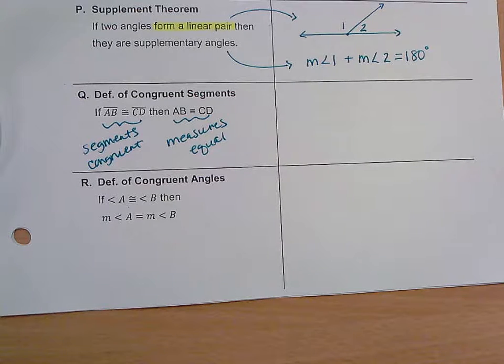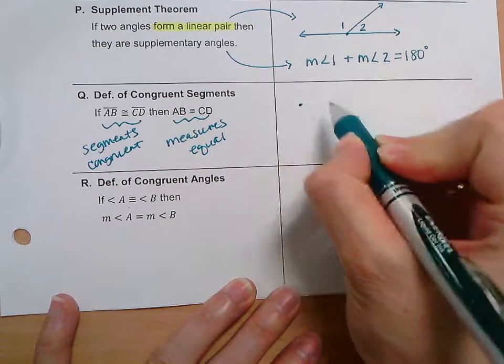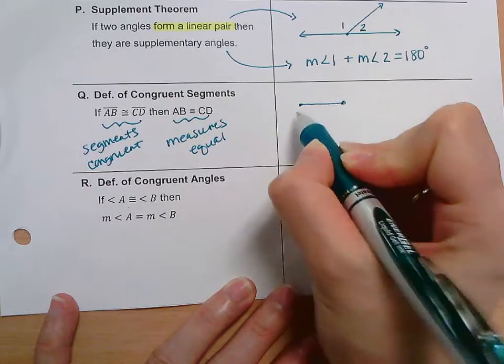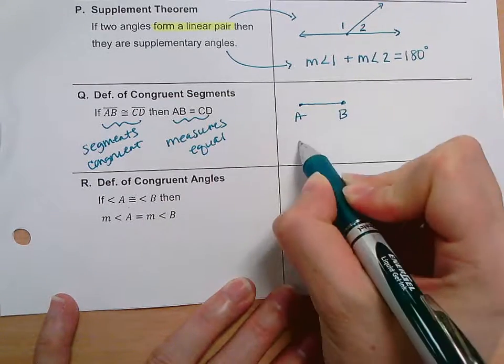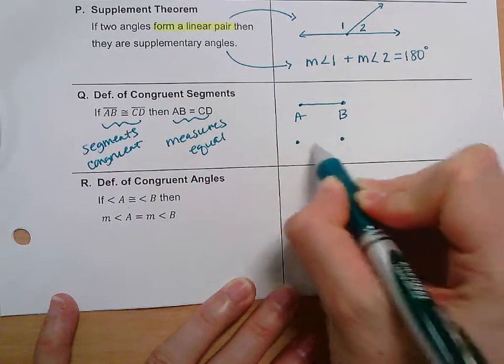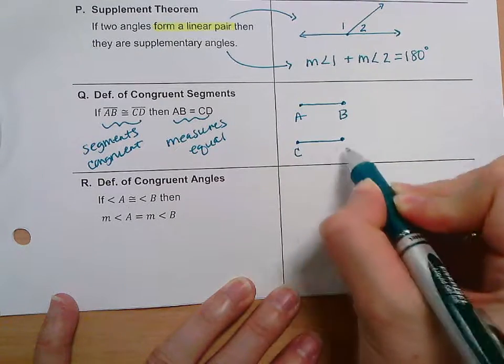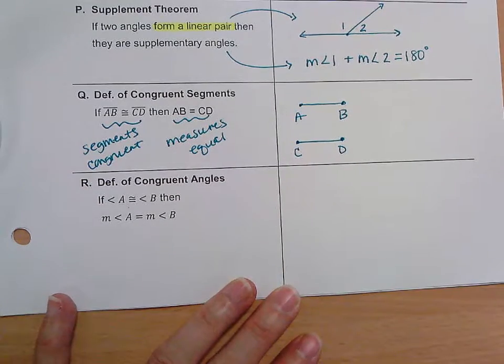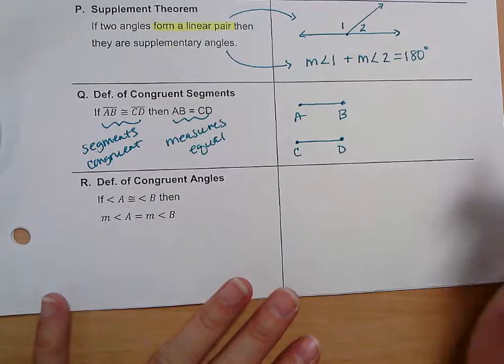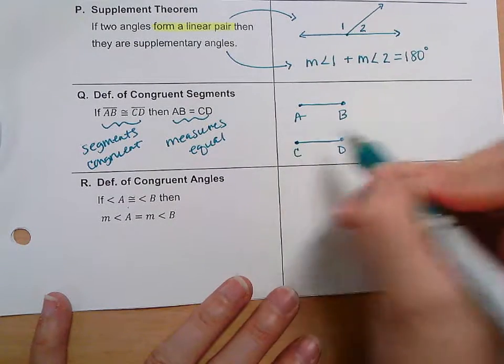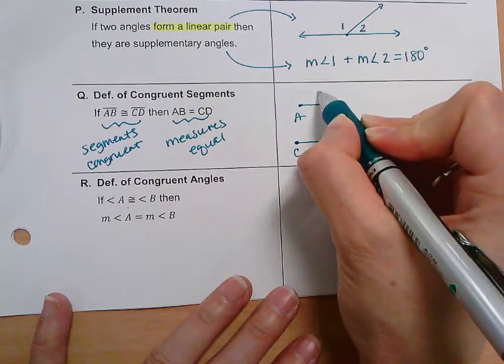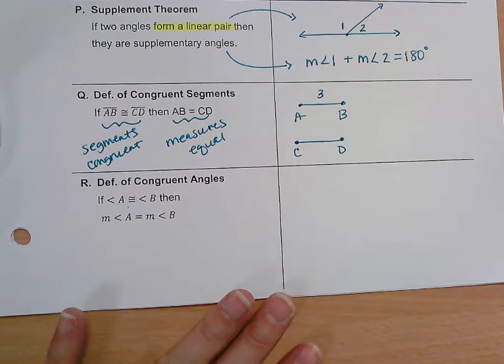Let me draw an example here. Here we have segment AB, segment CD, and I know segment AB, I'm just going to put a 3 here. I know that's 3.